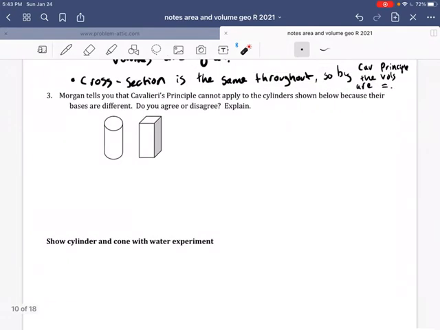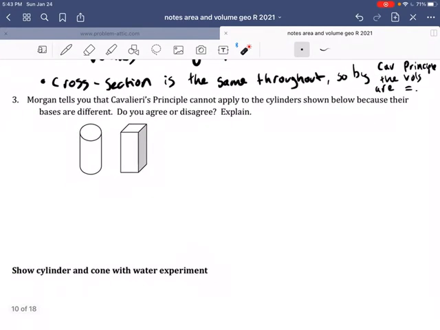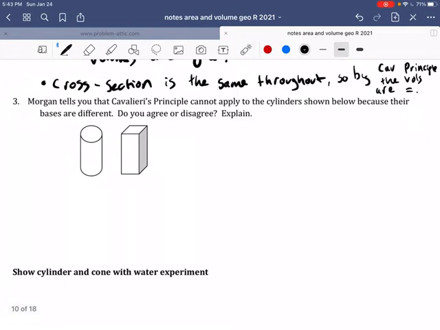So it's not that it can't apply because the bases are different here. However, in this specific case, the areas of the bases would have to be the same.